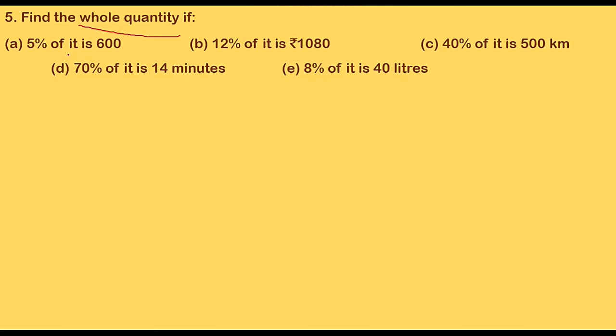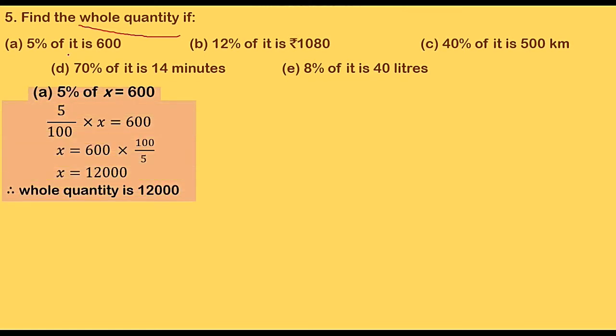Question number 5a. 5% of x is equal to 600. 5%, that is 5 upon 100, multiplied by x variable, is equal to 600. If I keep x on one side alone and send 5 upon 100 to the other side, from LHS to RHS, we have to take the reciprocal.